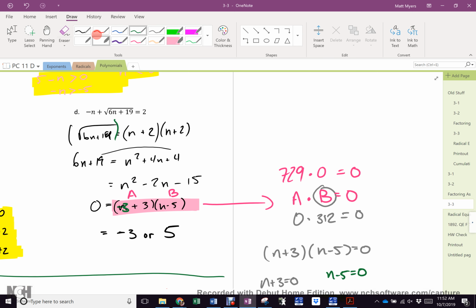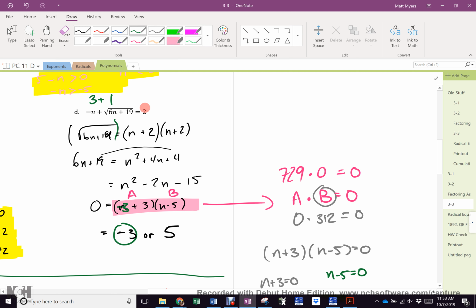So, we'll do this one in green. What is negative 3? Positive 3 plus. What is 6 times negative 3? Negative 18. What is negative 18 plus 19? 1. What is the square root of 1? 1. Is 3 plus 1 2?